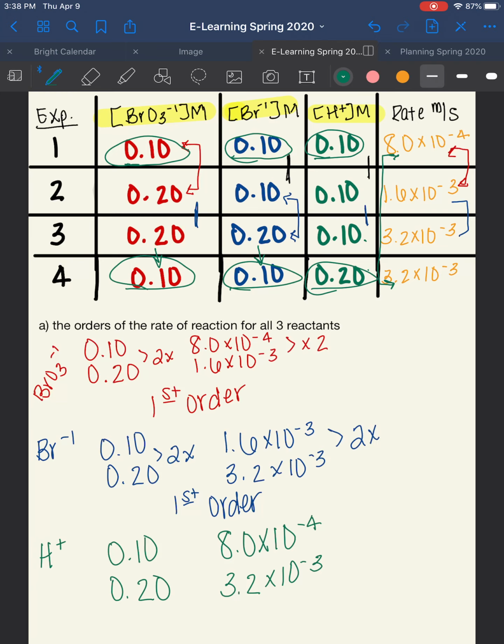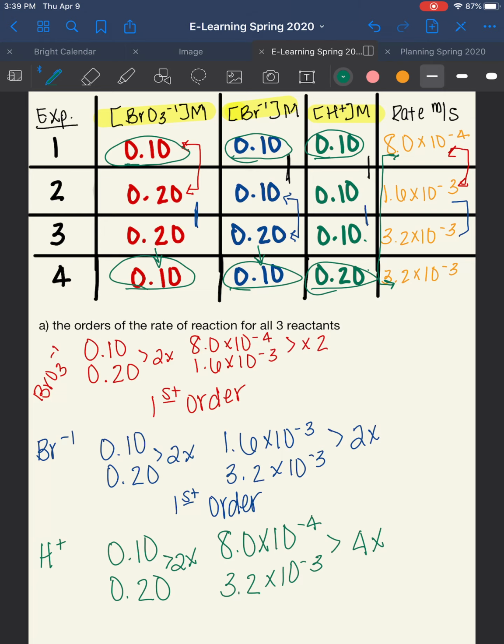Looking here, we have H plus concentration increasing by 2 times. It doubled. However, the rate went from 8.0 times 10 to the negative 4 to 3.2 times 10 to the negative 3. So this one is a 4 times increase.